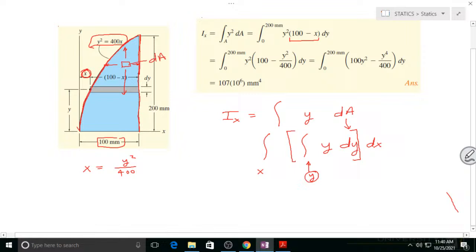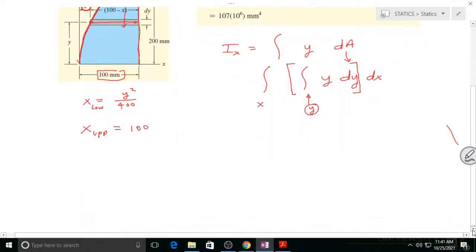So wherever you are in y, you're going to go from here to here. So you might want to call this lower limit, x upper limit, to be just 100.